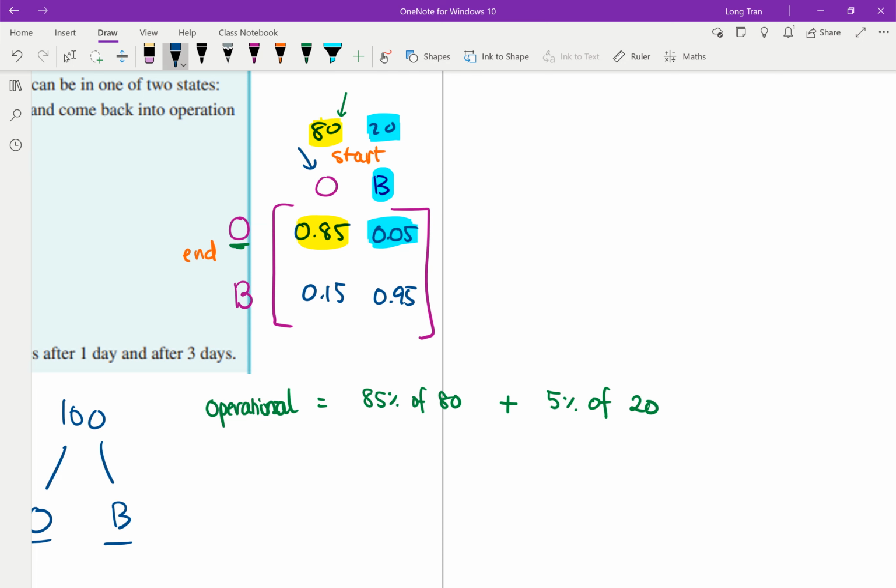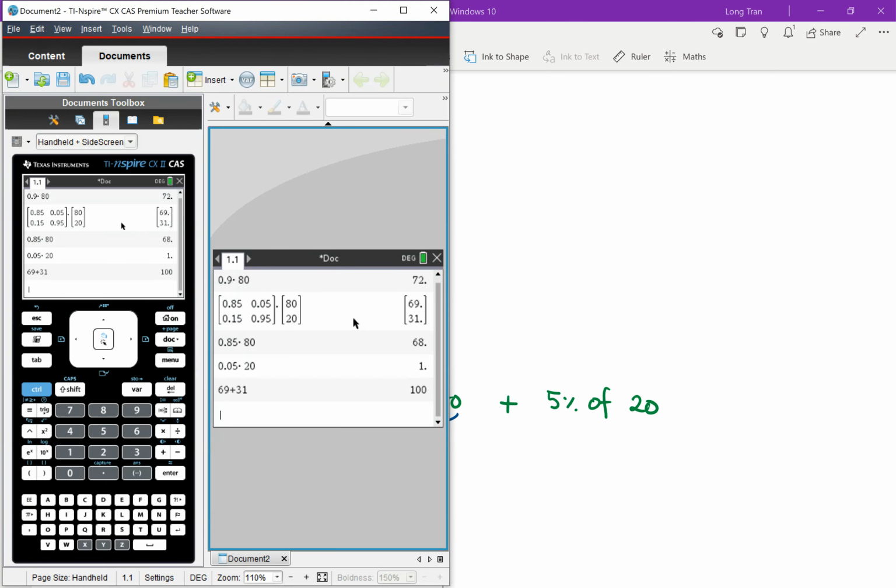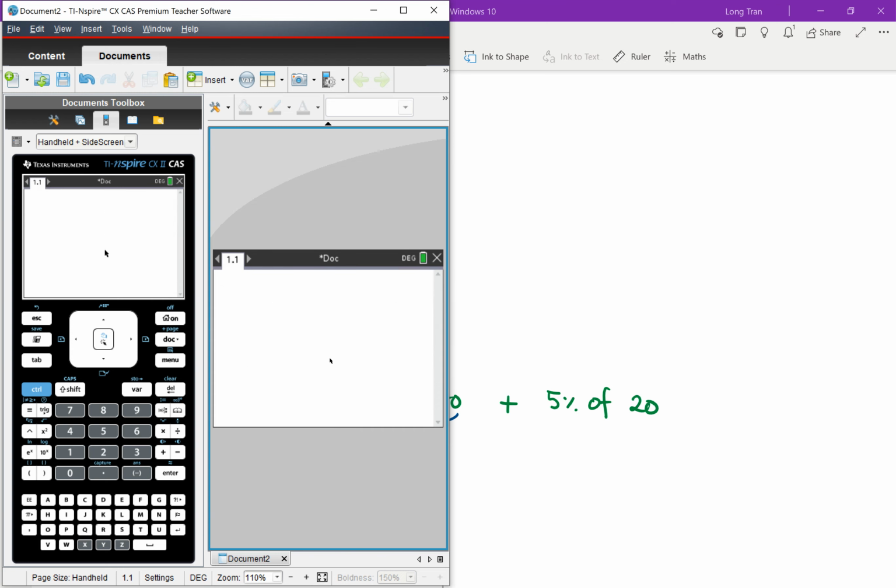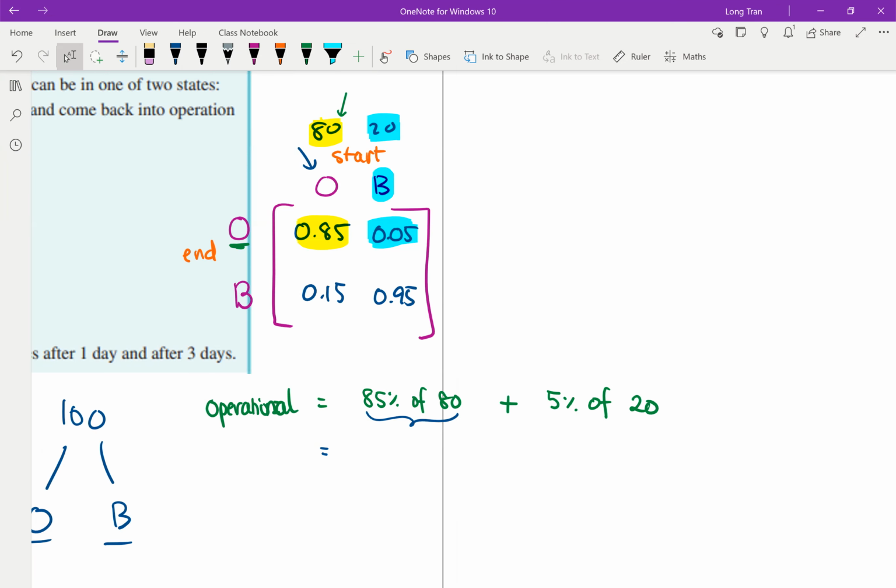So by the end of the day, if I wanted to know how many were operational, let's calculate 85% of 80. 85% of means times 80. When I work it out, 85 over 100 times 80 is 68. So 68 of the 80 were operational by the end of the day.